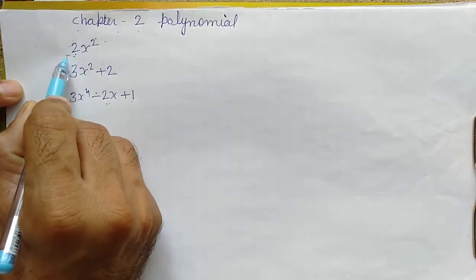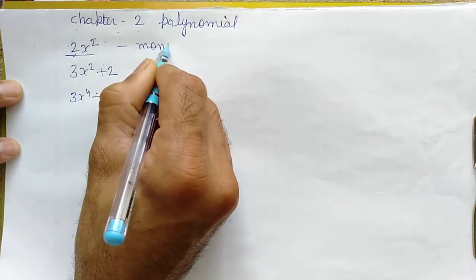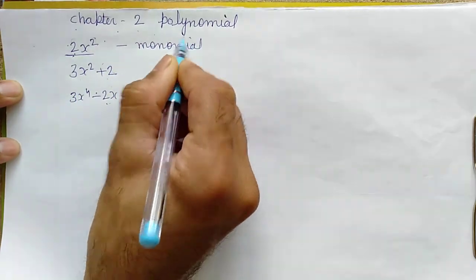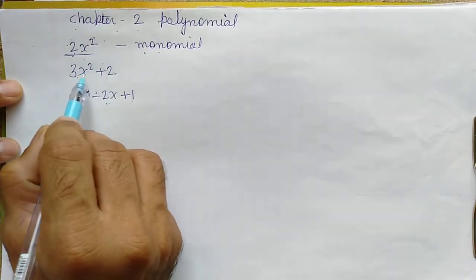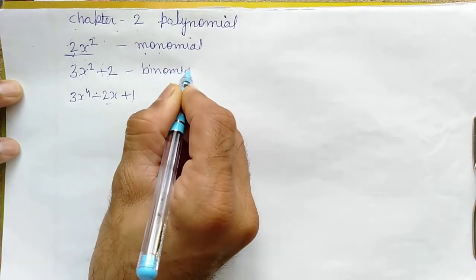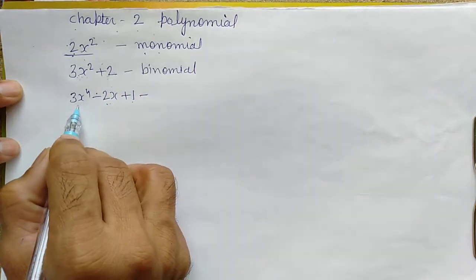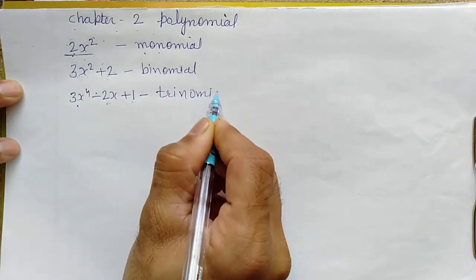When an expression contains one term, that is called monomial, right? Monomial. Mono means one. If an expression contains two terms, that is called binomial, right? If an expression contains three terms, that is called trinomial.